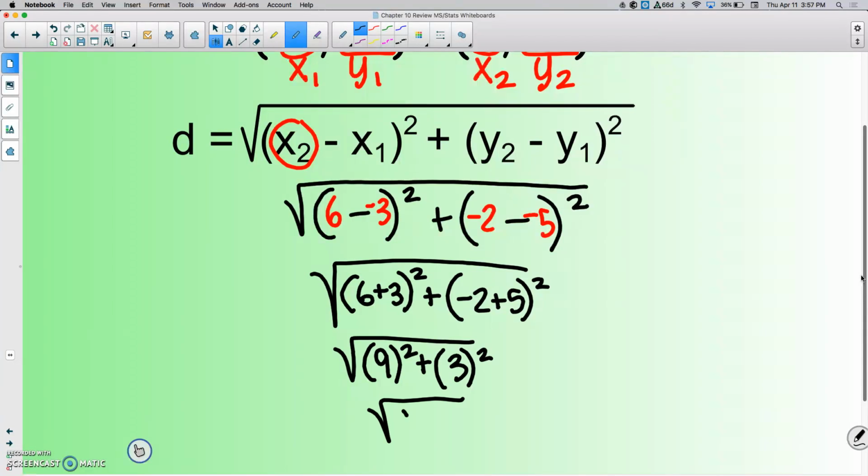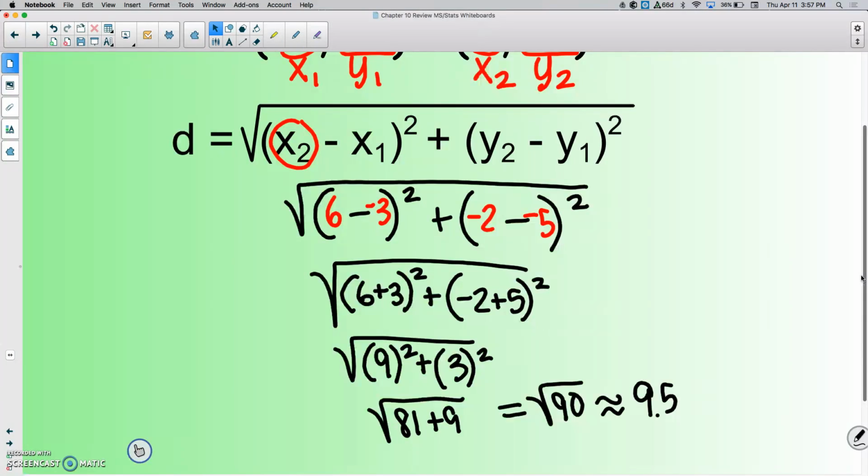So now I have the square root of 81 plus 9, which is the square root of 90. And the square root of 90 is approximately 9.5. That's the last example. So you should be ready to show what you know on your quiz now.